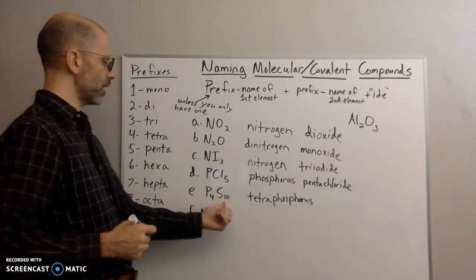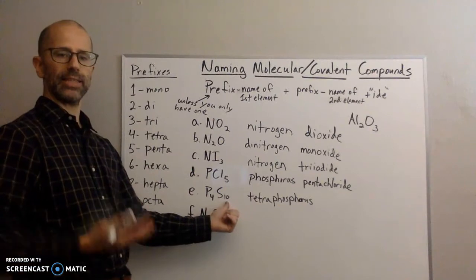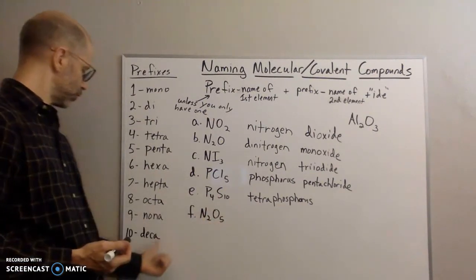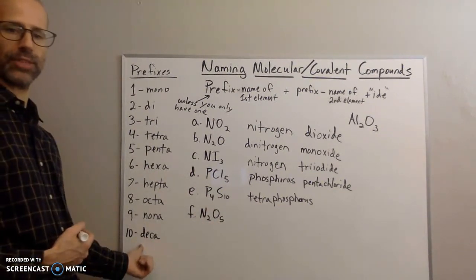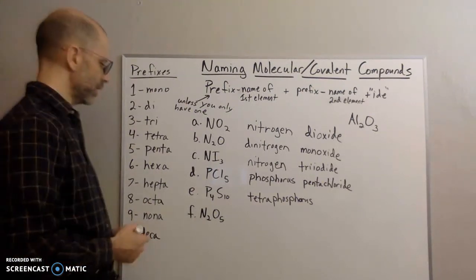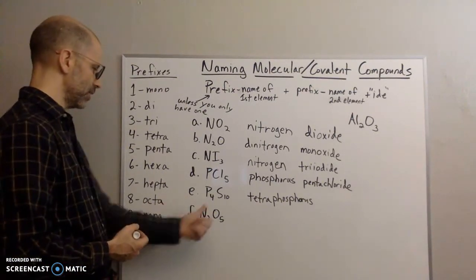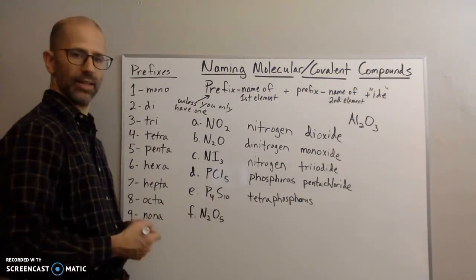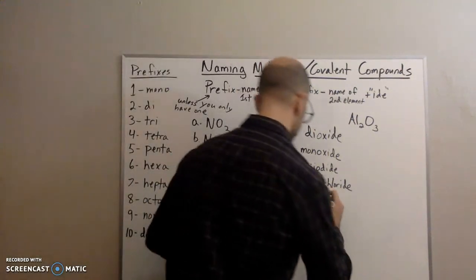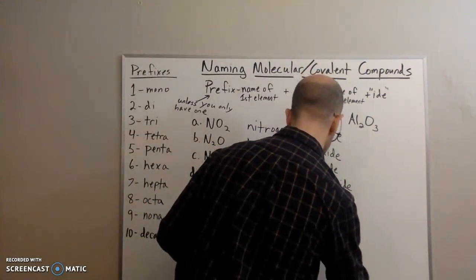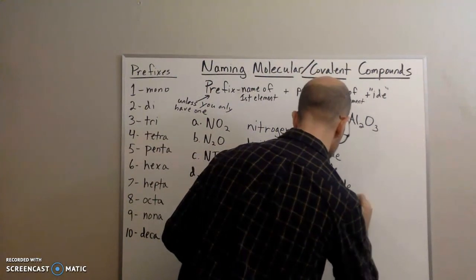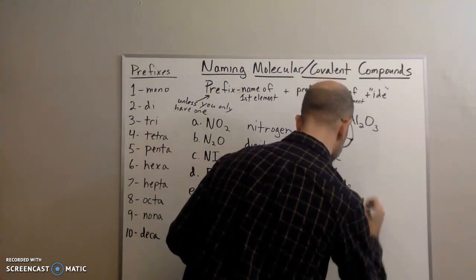And then here I have 10 sulfur atoms. So I need to use the Greek prefix for 10, deca. So I have decasulfide. Decasulfide.